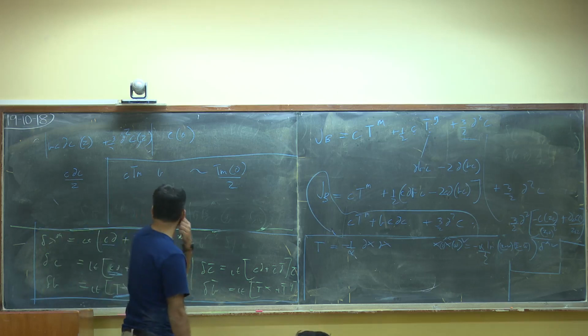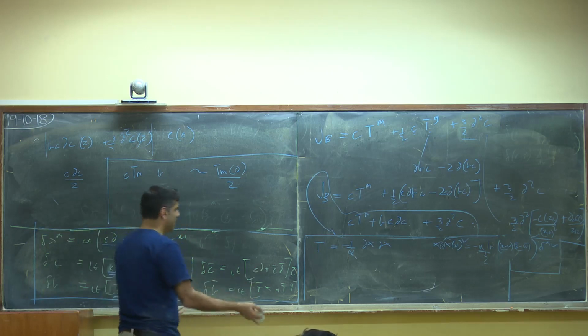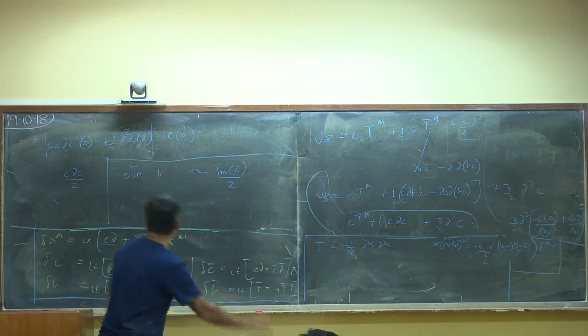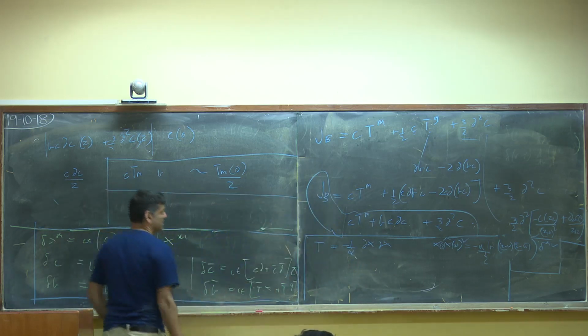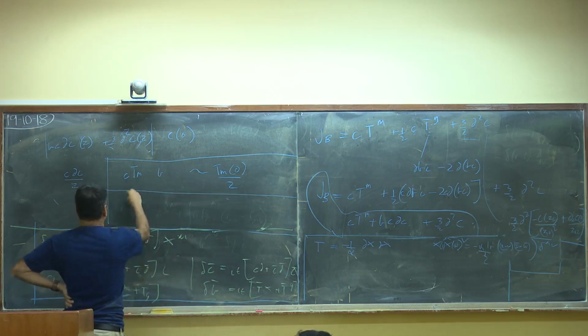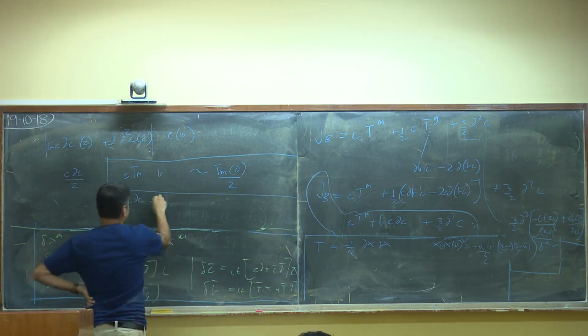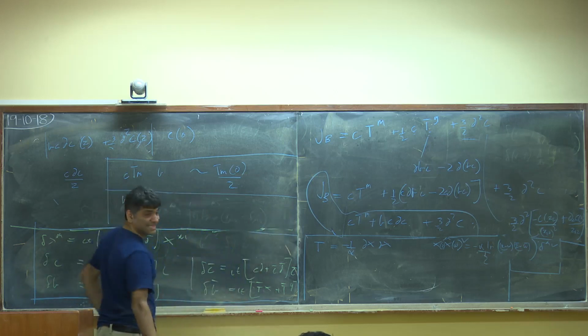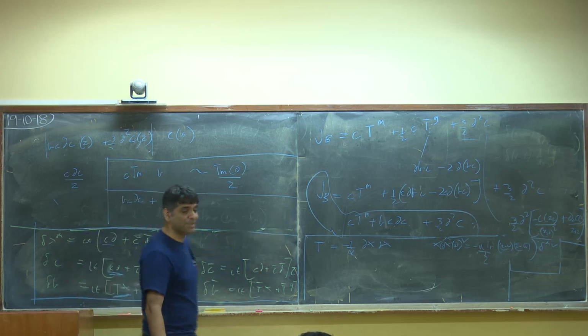And then we want the T ghost part. So we could do it like Indranil wants, or we could just do it directly, whichever way. I'm just going to do it directly. Now there is BC del C plus 3 by 2 del square C. The 3 by 2 del square C, what will it give?